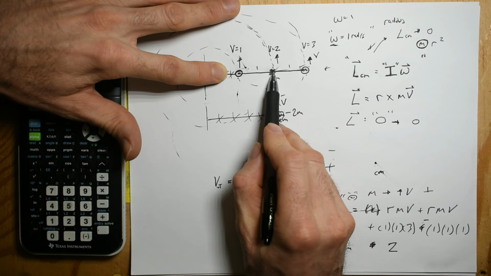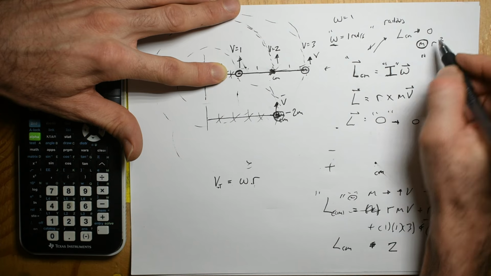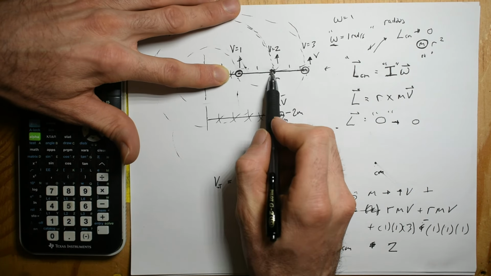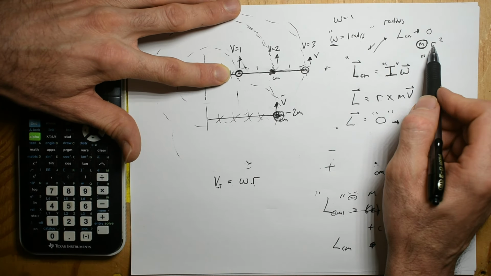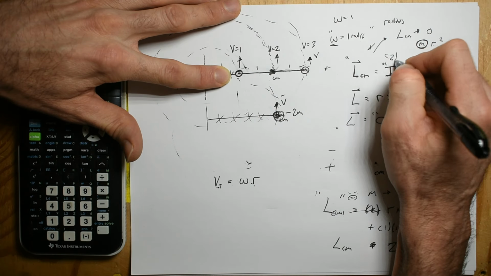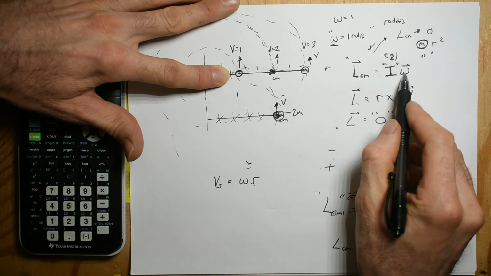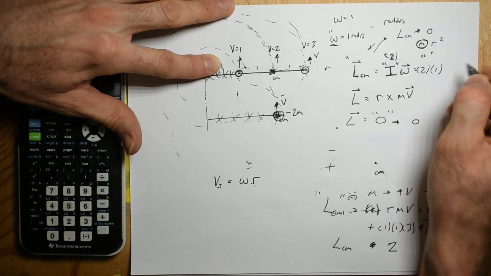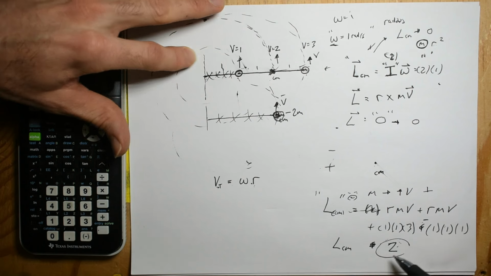Alright, so let's do it. If I go from here to there, my distance is 1, 1 squared is 1, and the mass is 1. And then if I go this direction, the distance is 1, 1 squared is 1, mass is 1. So this is going to be 2. And then the omega for the system is 1. So I have 2 times 1, which is the same number as 2.